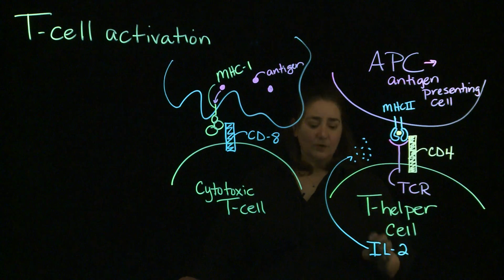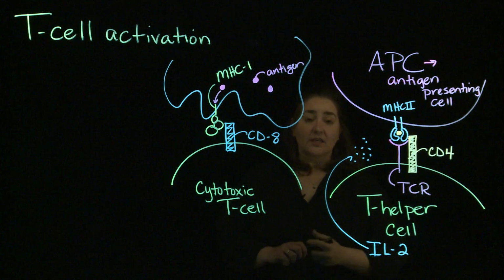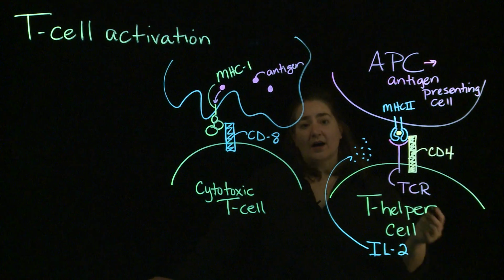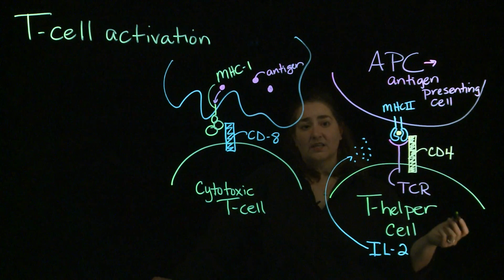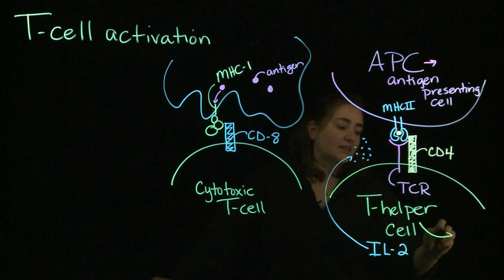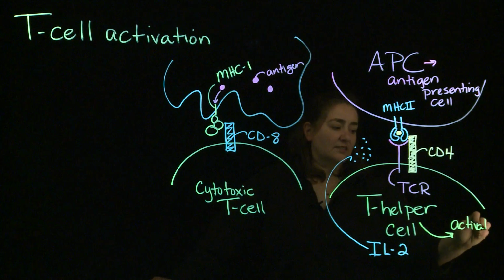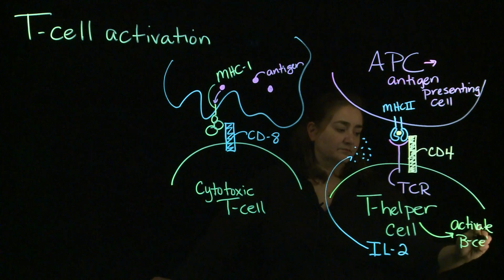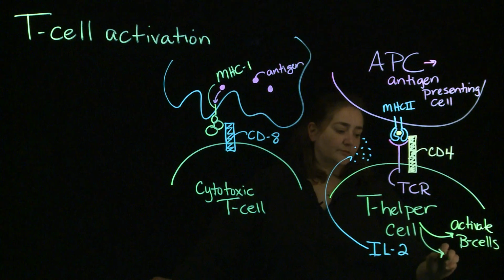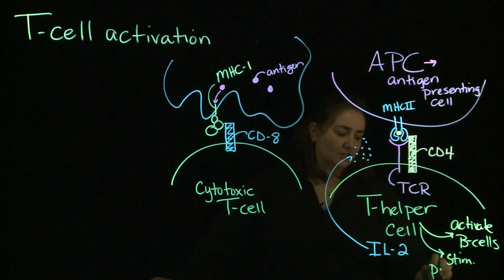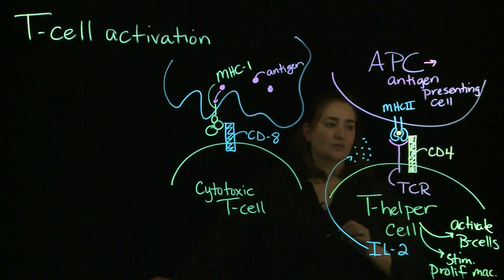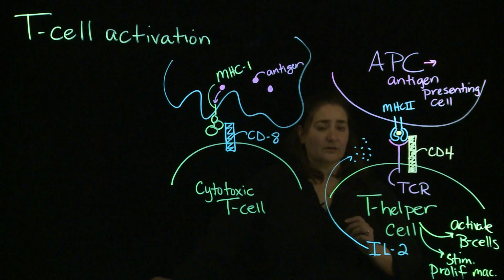Then what happens with our T helper cell? It will differentiate into either the Th1 or the Th2. And then it'll go off and either activate B cells or stimulate proliferation of cells like our macrophages and our phagocytic cells.